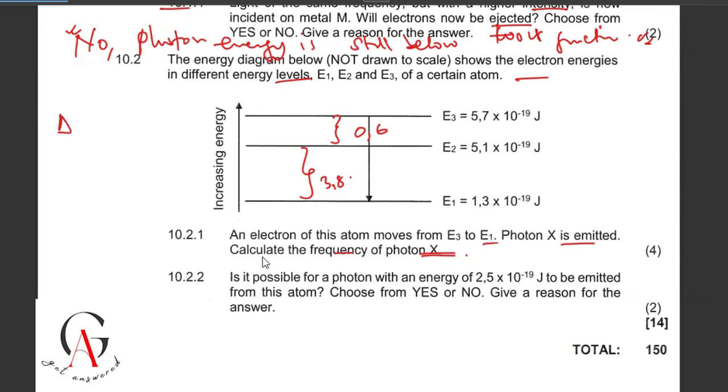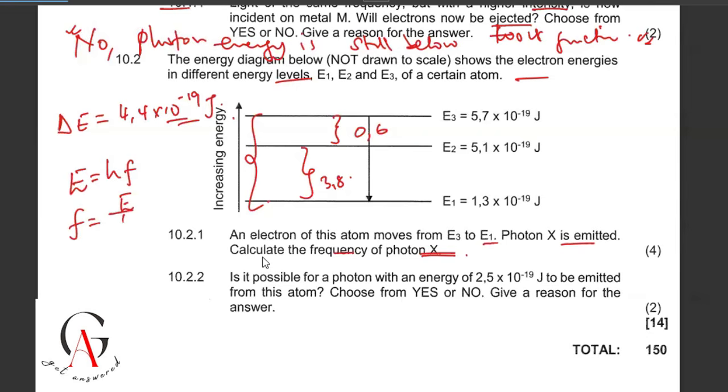So number one, let's start by getting the change in energy. E3 to E1, 5.7 minus 1.3, which becomes 4.4 times 10 to the negative 19 joules. Now, what we also know is that this energy should be equivalent to the Planck's constant times frequency. So since we want frequency, it will be the energy over the Planck's constant. So 4.4 times 10 to the negative 19 divided by 6.63 times 10 to the negative 34.